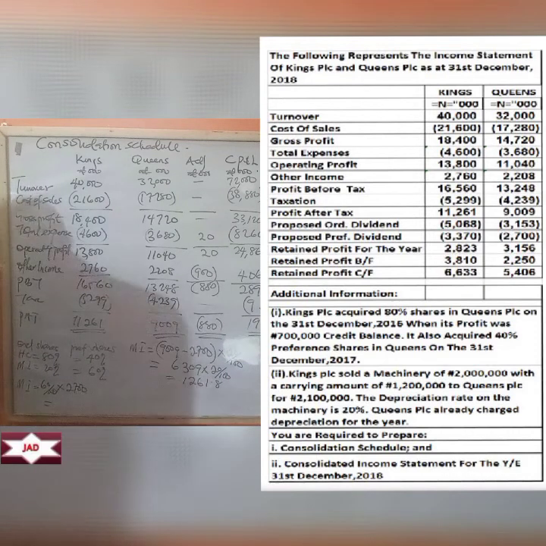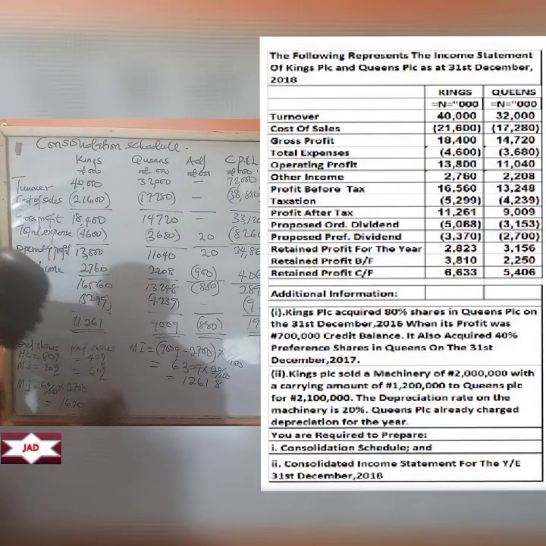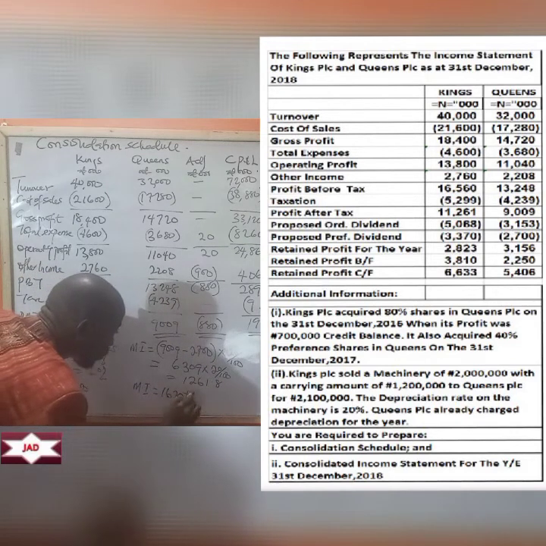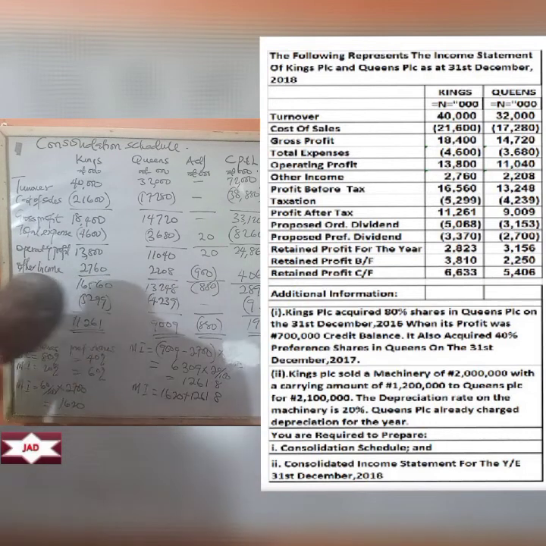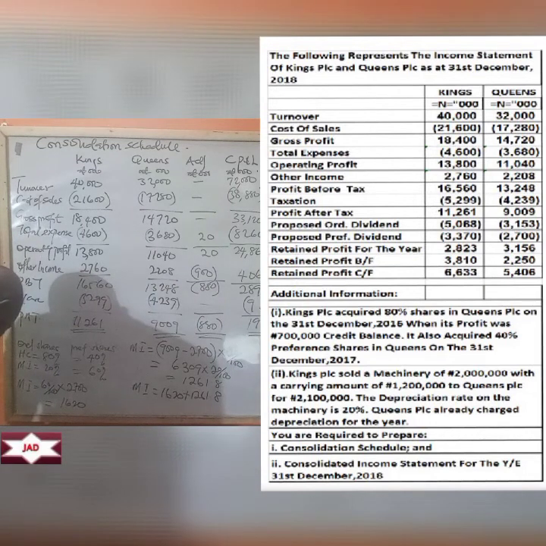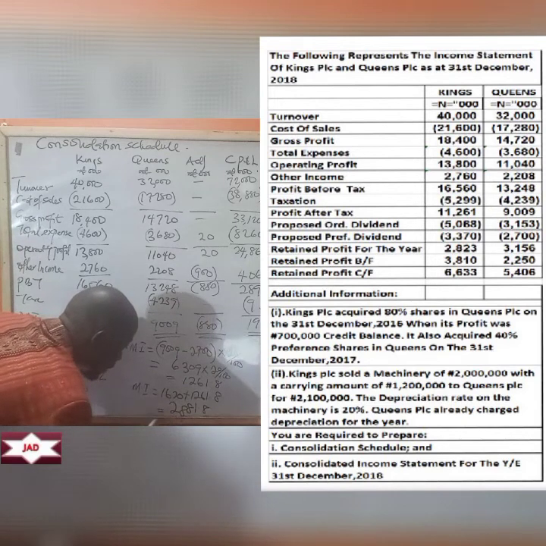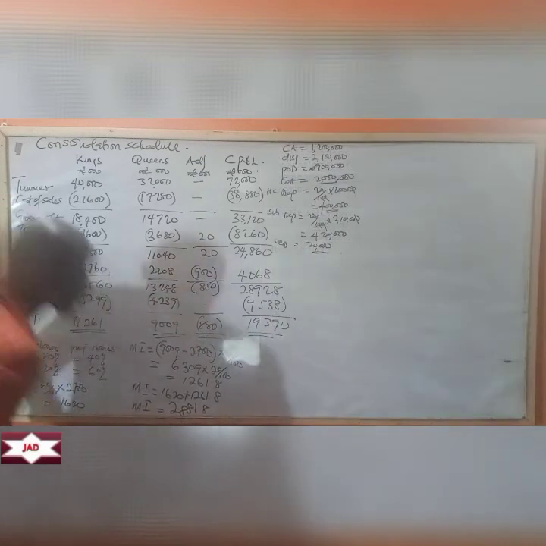So what do you have? 1,620. So total minority interest will be 1,620 plus 1,261.8. So we have 2,881.8. So this is what we have for minority interest.